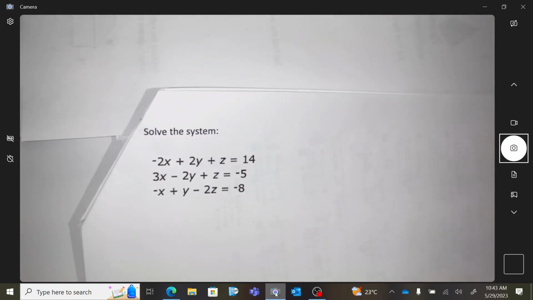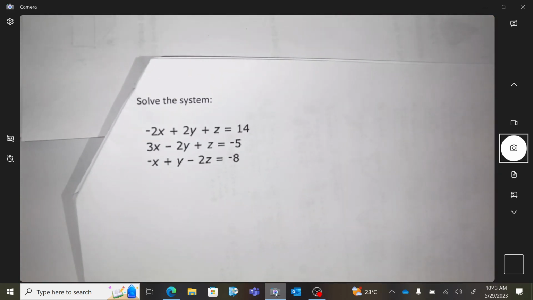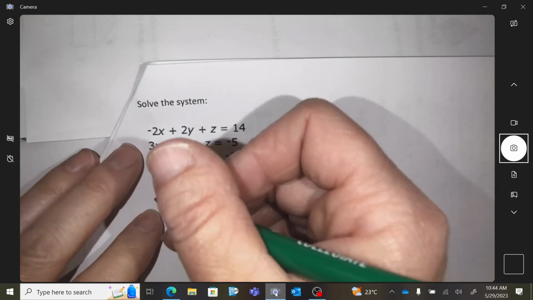Okay, this is the last question. A system of equations, three variables. Okay, before we begin, we're going to map out a plan. Which letter are we going to commit ourselves to getting rid of twice? Does any letter specifically look easier than the other one? Y. Y? Okay.